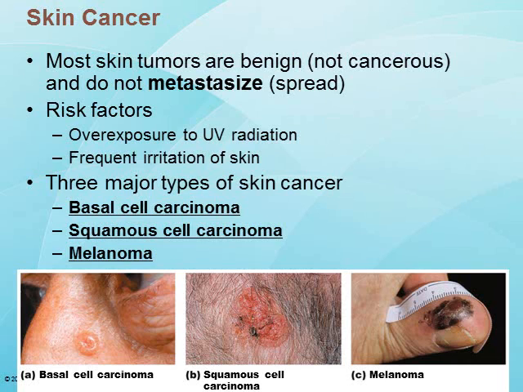On our skin, most of the skin tumors are benign, which means those are not cancerous. What is the difference between a tumor and cancer again? Tumors are uncontrolled mitosis, cells dividing uncontrollably, and they form an accumulation of cells, a pile of cells there.